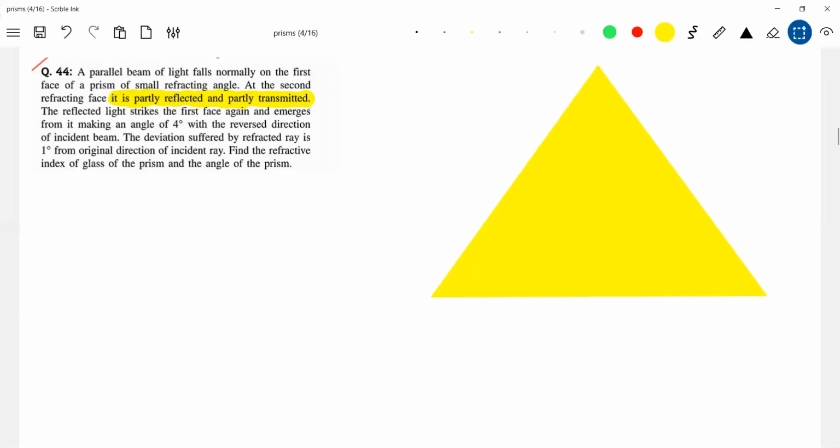Okay, let's get into the ray being incident normally. It is normal to this face.